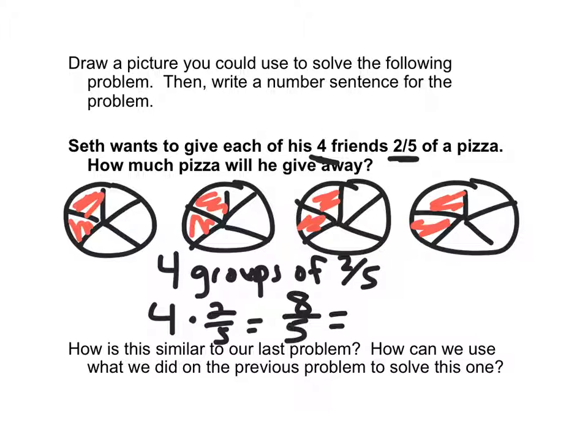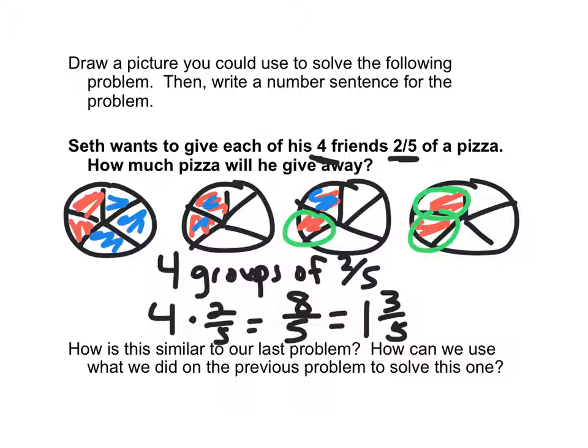Or what I can start to do is these 2 become those. Then I take 1 from here, and that fills in 1 pizza. And now I have 1, 2, 3/5 left. Or in other words, I have 1 full pizza and 3/5 of another.